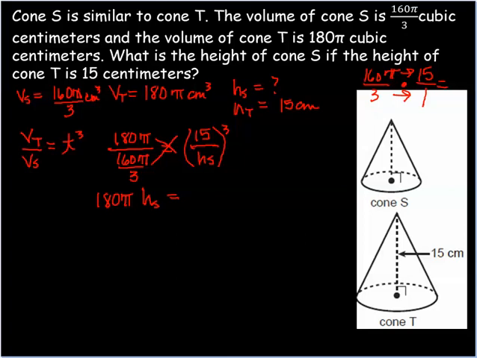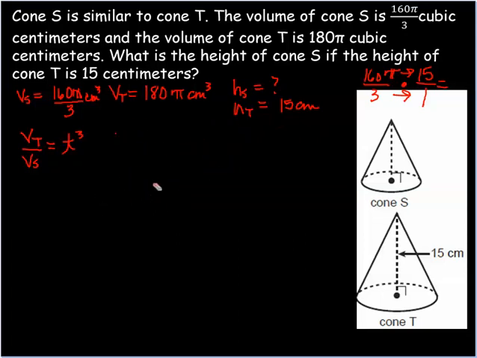Okay, I'm going to back up here a little bit. I kind of went crazy with my cross multiplying before I should have. Let's get rid of that ugly fraction before we go all wackadoodle trying to cross multiply. I'm going to go ahead and plug in that information again. 180 pi over 160 pi divided by 3 equals, and remember, I'm going to replace this cubed ratio with HT over HS cubed.